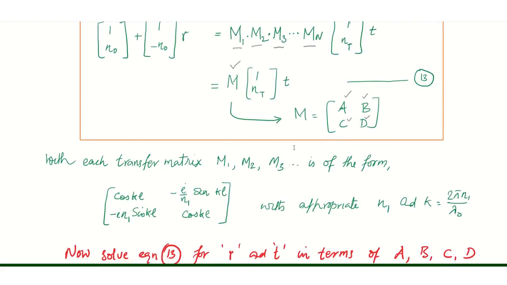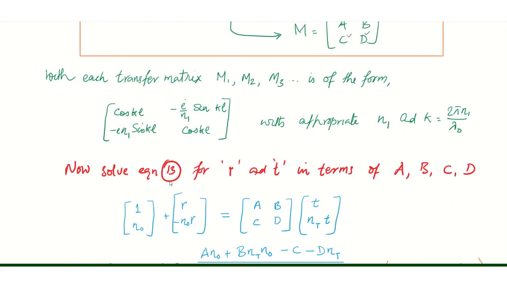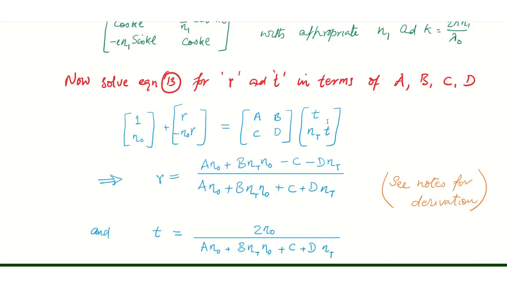This is equation 13, R and T in terms of ABCD. Take R from here outside, R to inside, T inside, and if you solve for R, you will straight away get this expression here.